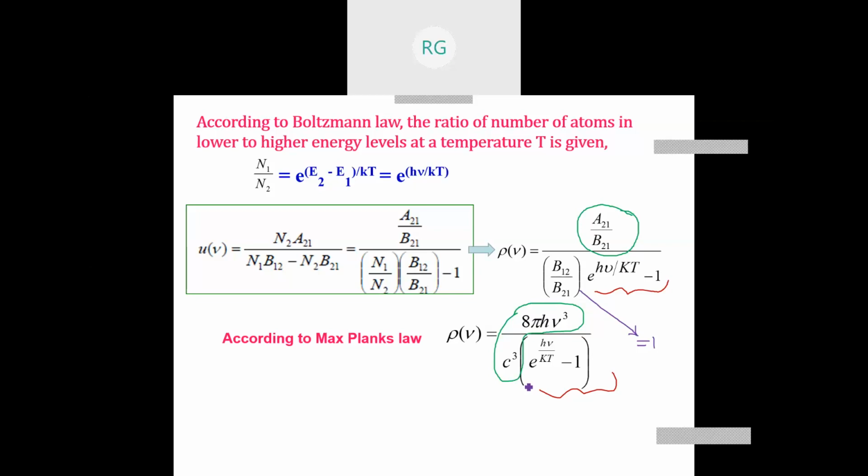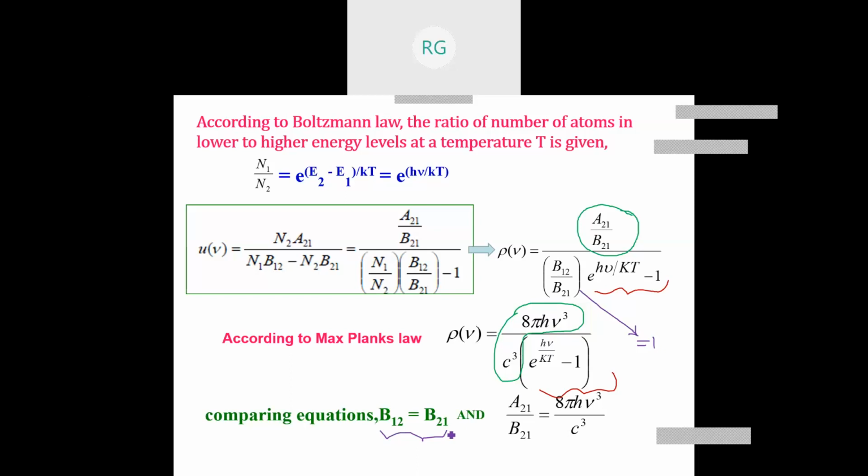Hence, by comparing these two, we can see that B21 is equal to B12, and the A21 by B21 ratio is equal to this. So if I look at these two equations, we have another important conclusion: to get stimulated emission, these two coefficients are equal.